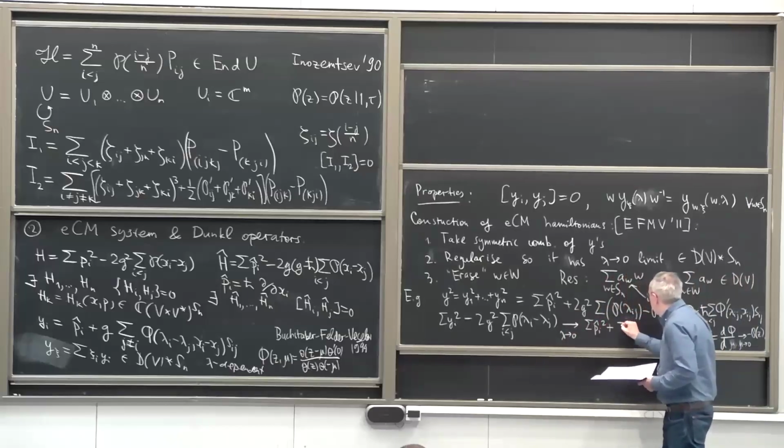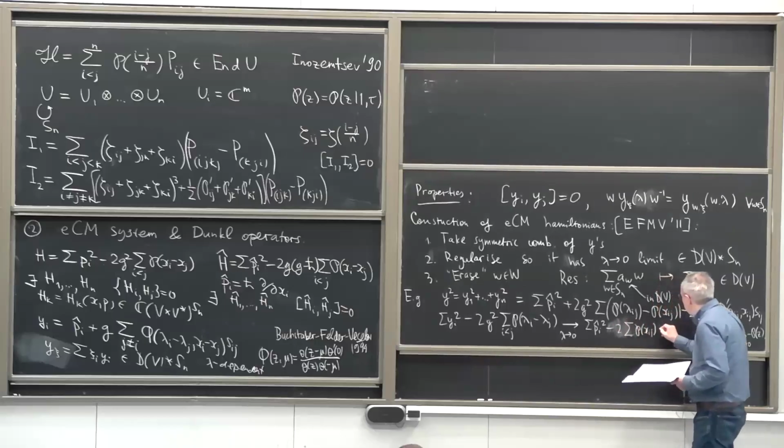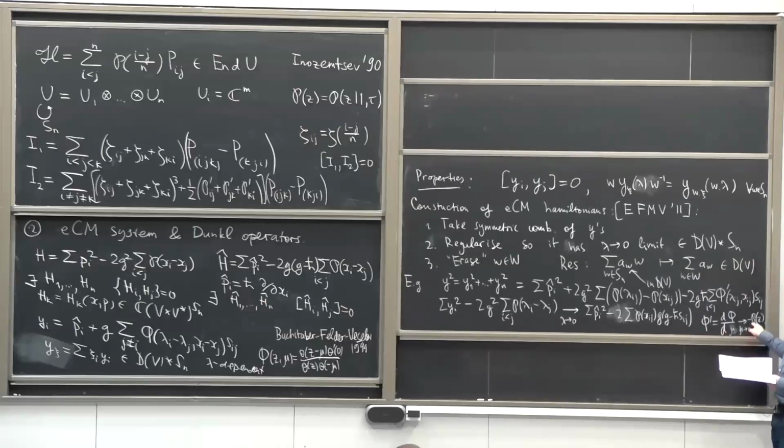I'll write it in a slightly different form: minus 2 sum over i less than j of P(xij), and here we'll write g times (g minus h bar sij). So at the moment, I'm still keeping these group elements here. And then if you apply a restriction map, sij becomes identity, and you get the quantum Hamiltonian.